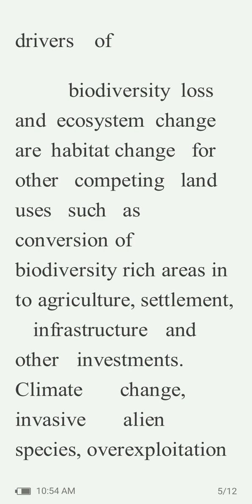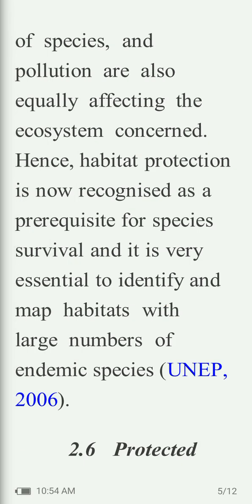Climate change, invasive alien species, overexploitation of species, and pollution are also equally affecting the ecosystem concerned. Hence, habitat protection is now recognized as a prerequisite for species survival, and it is very essential to identify and map habitats with large number of endemic species.